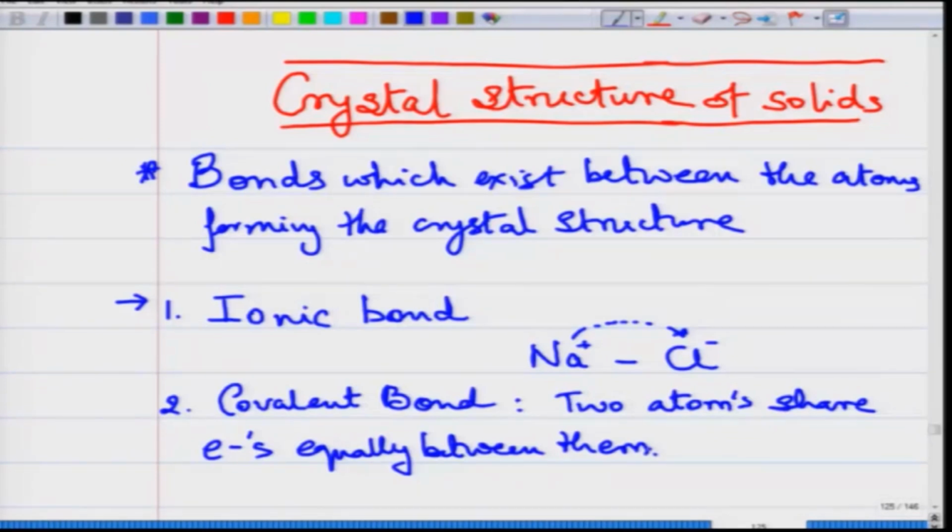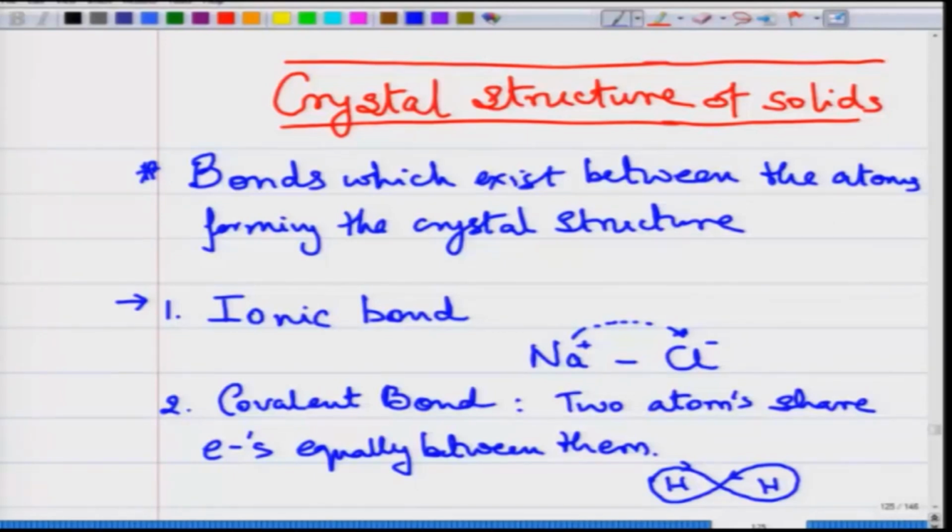So, two atoms, for example, two hydrogen atoms, can come together. You know of the hydrogen atom case, and the electrons from one hydrogen atom and the other hydrogen atom are shared between the two atoms. Okay? And this leads to the hydrogen molecule.